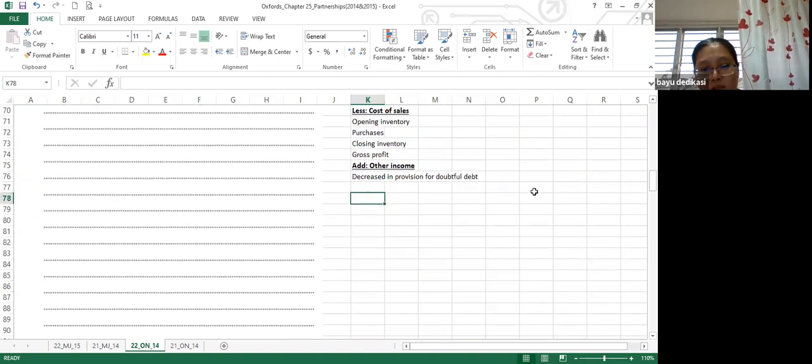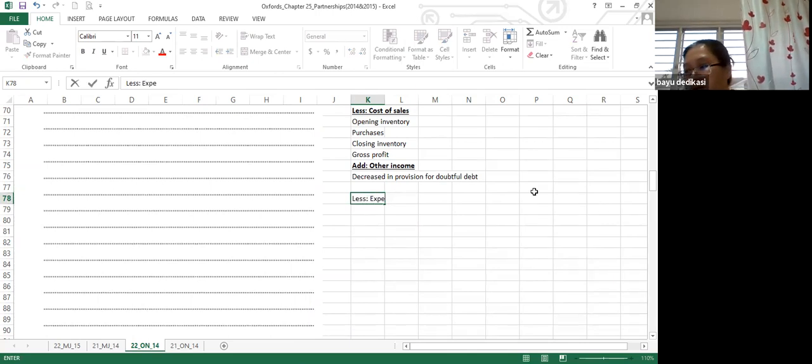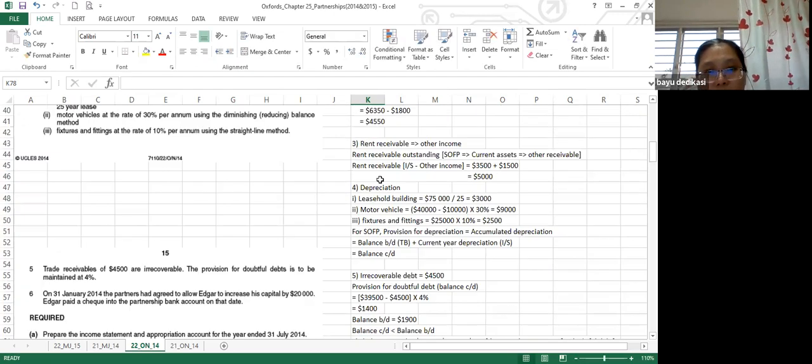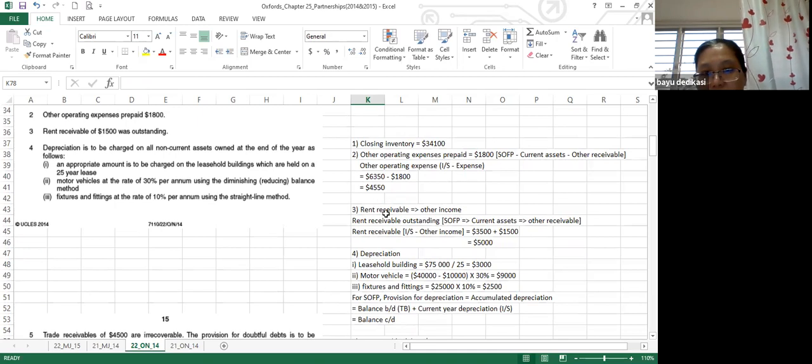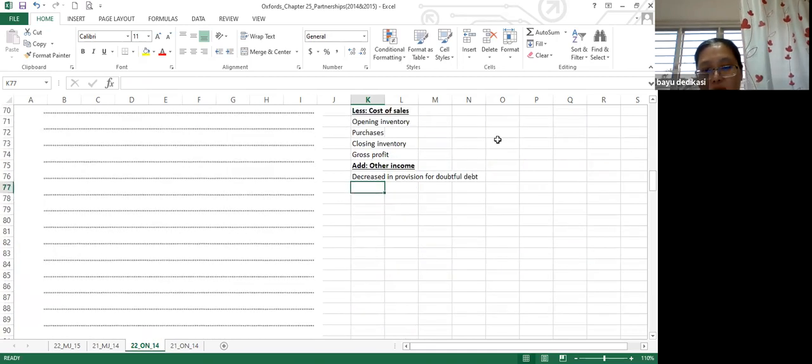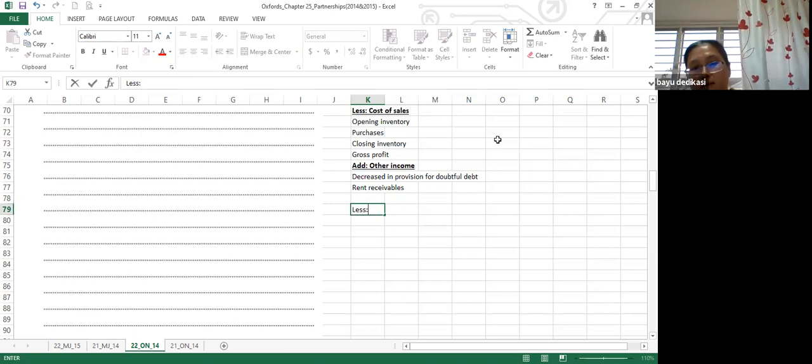Next is less expenses. You have other income. This question you have rent receivable. This one is other income as well. Rent receivable. And then less expenses.